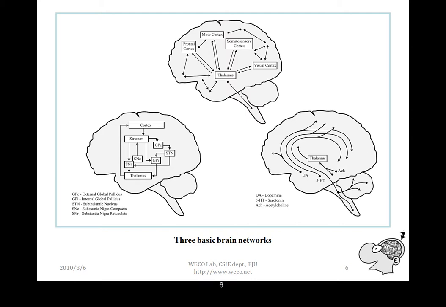Then the cortex sends the signals back to other regions or to the thalamus for further steps.